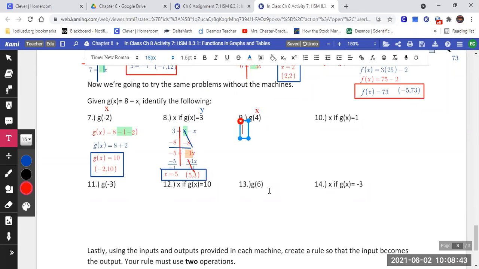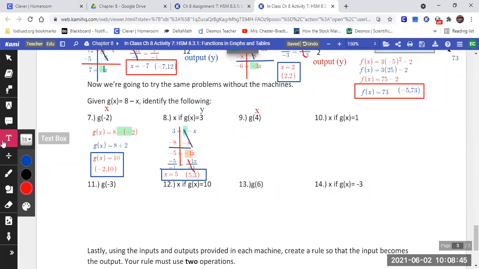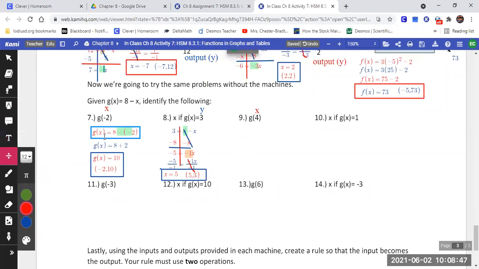And really and truly, I just realized, let's back up for a second to this one. Whenever we replace the x, we change this to what we're replacing the x with. So it should say g of -2 to remind us what we were replacing with.